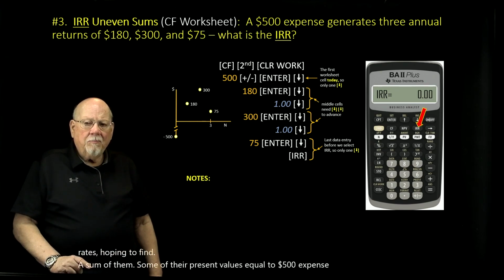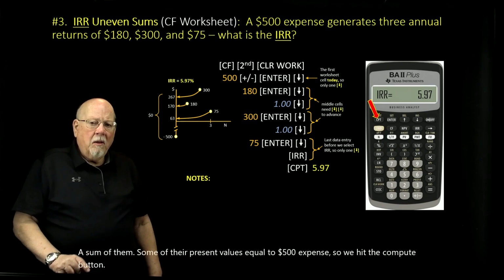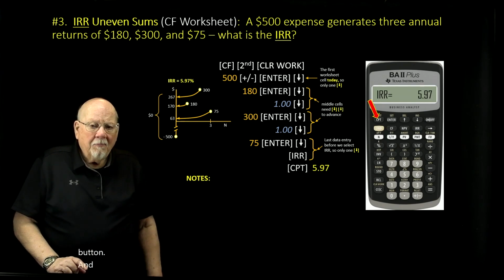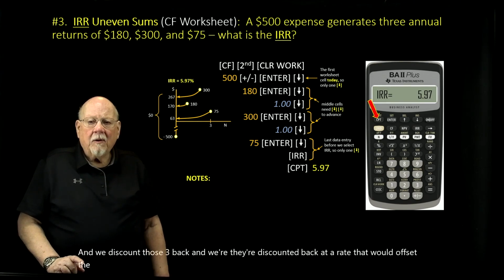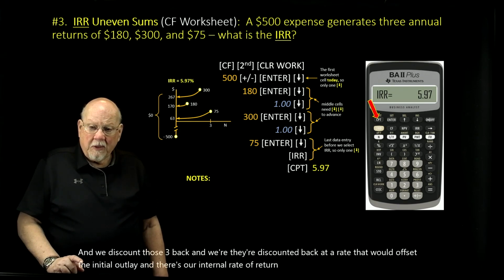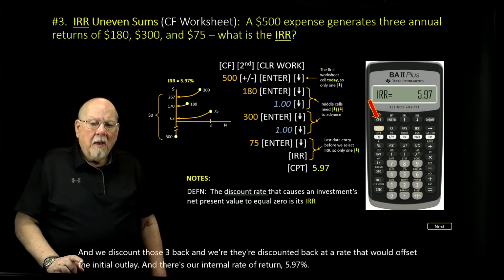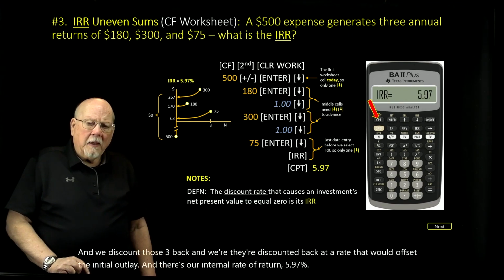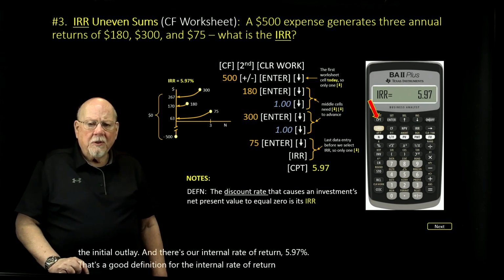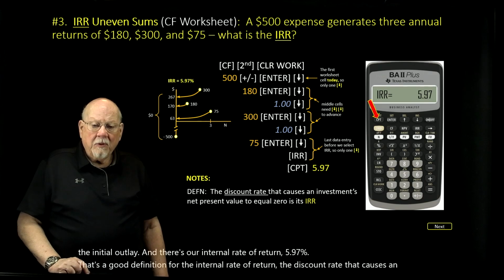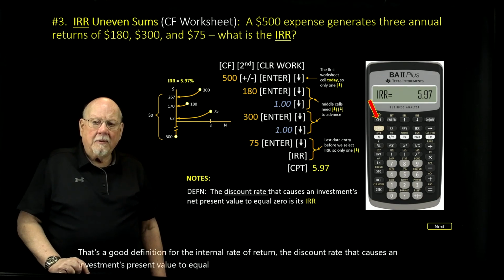So we hit the compute button, and we discount those 3 back, and they're discounted back at a rate that would offset the initial outlay, and there's our internal rate of return, 5.97%. That's a good definition for the internal rate of return, the discount rate that causes an investment's present value to equal 0. Kind of like that one.